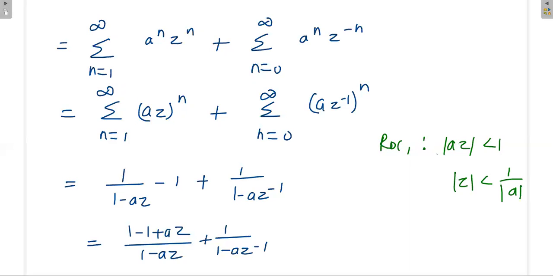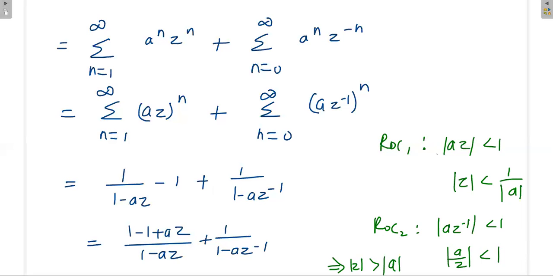For ROC2, a z inverse has to be less than 1. That means a by mod z is less than 1, so mod z is greater than mod a.